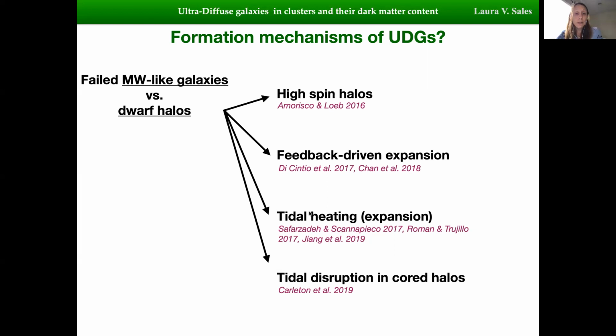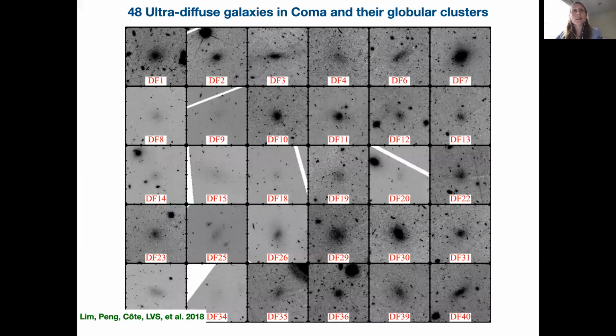Now, the way to make progress on this very interesting topic is to observe more than a few, right? And so one of the first studies that aimed at doing that is this one here, presented by Sang-Sum Lim and Eric Peng, in which we looked at UDGs in the Coma cluster.